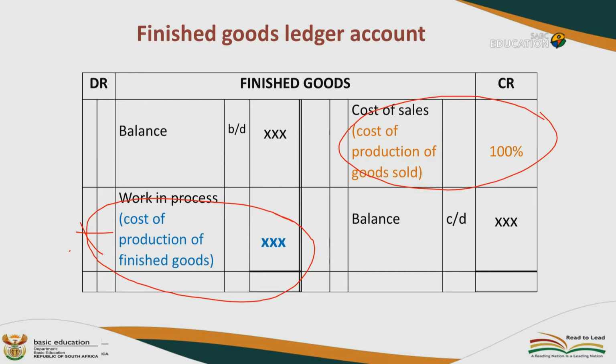You will get your cost of sales figure. And this cost of sales figure will be the same amount that you transfer to your abridged income statement. Hence, I spoke about the production cost statement as well as your abridged income statement.